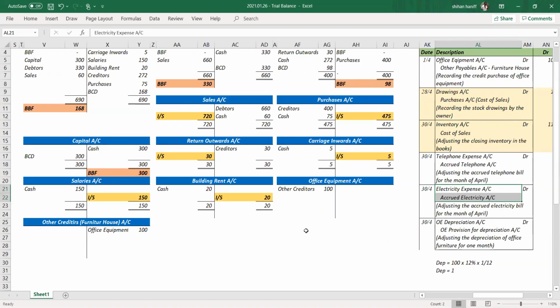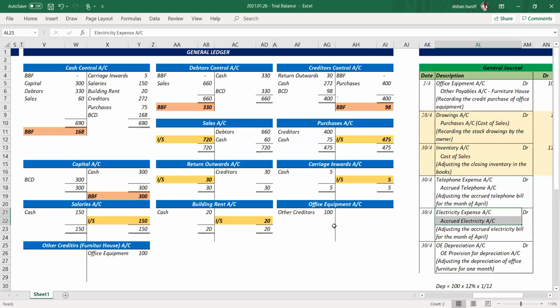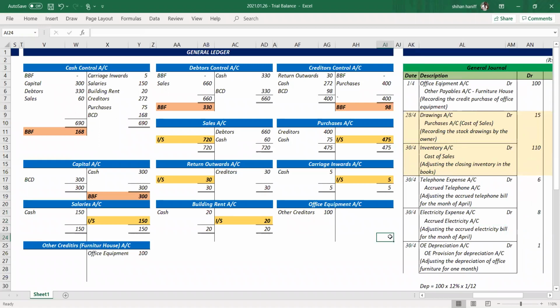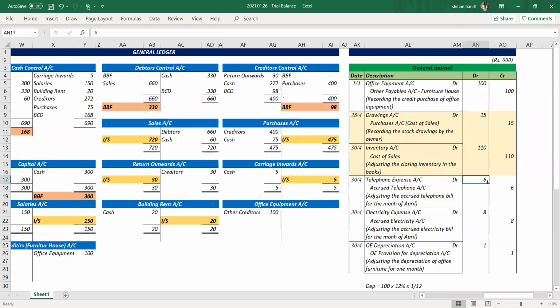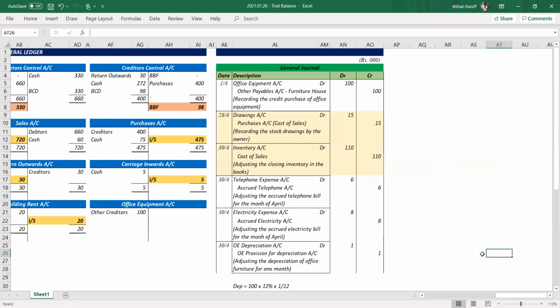Then you can balance those transactions. I'm not going to do that part. I will prepare the trial balance now, and for that I'll take these closing balances.